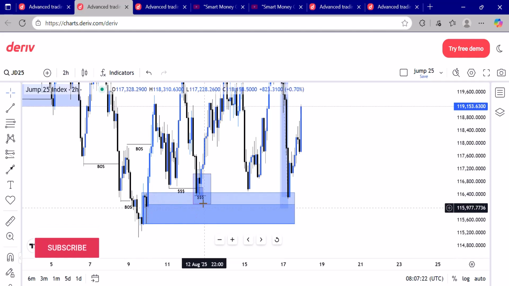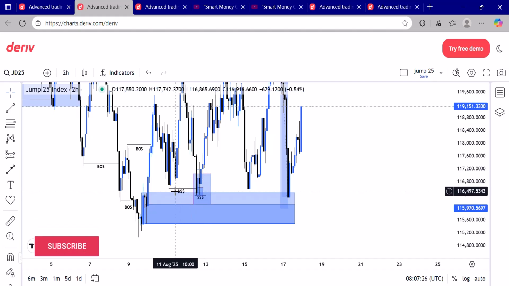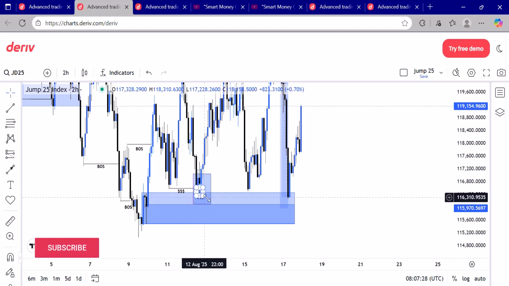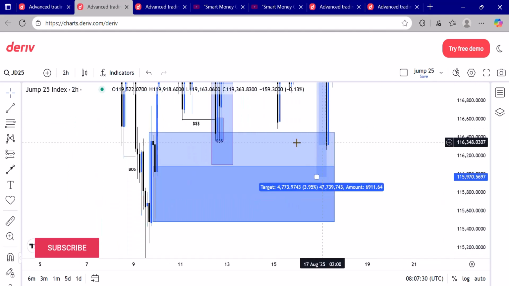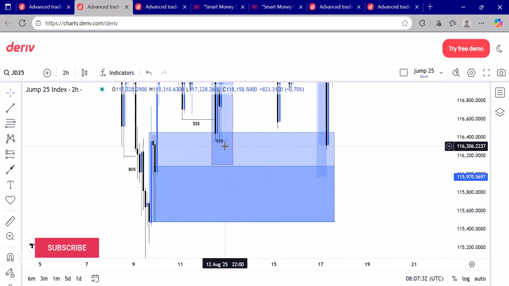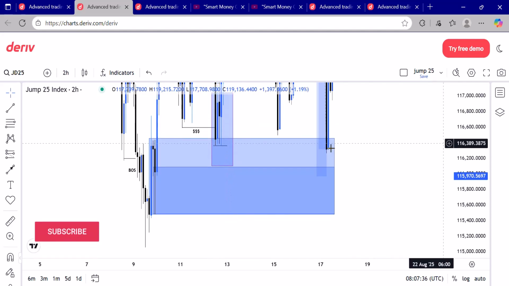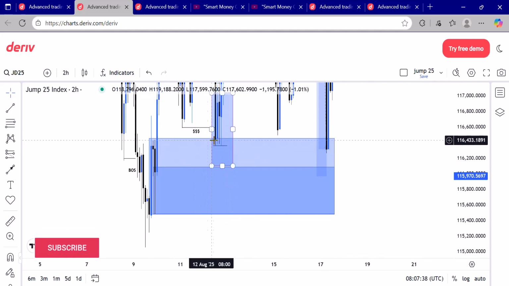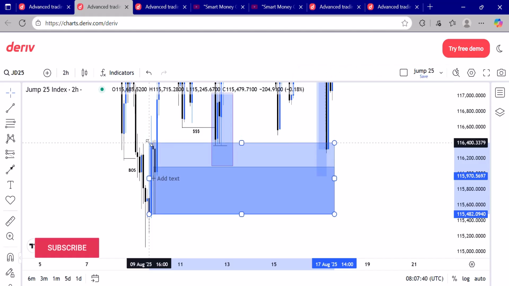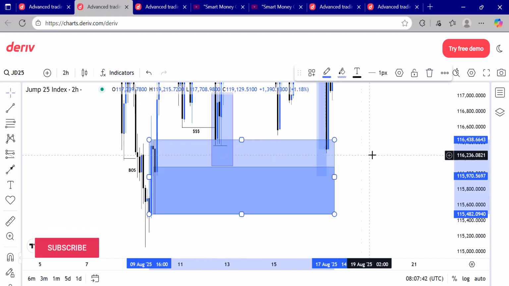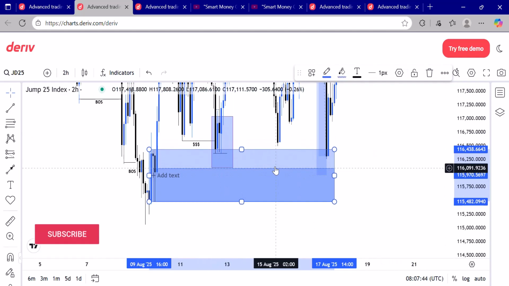Price had already taken out this low, this low now becomes an inducement, but this one here is not an inducement. Price already took out this low and then tapped into our zone. This is what we are seeing in the 2 hours time frame.